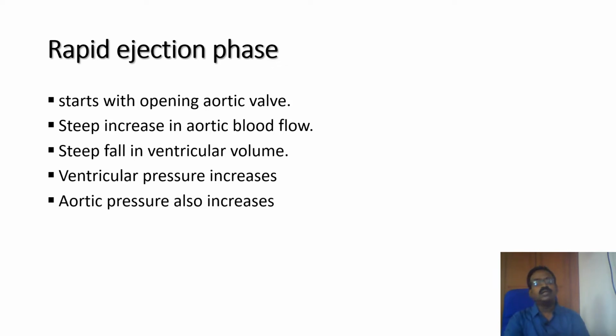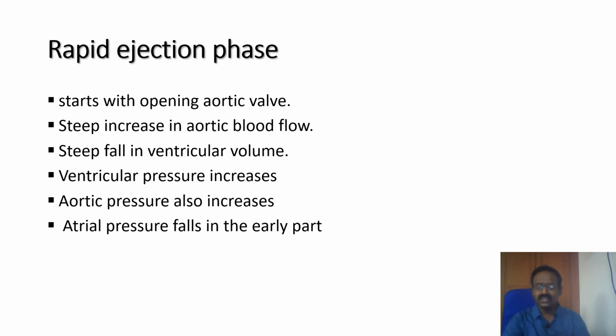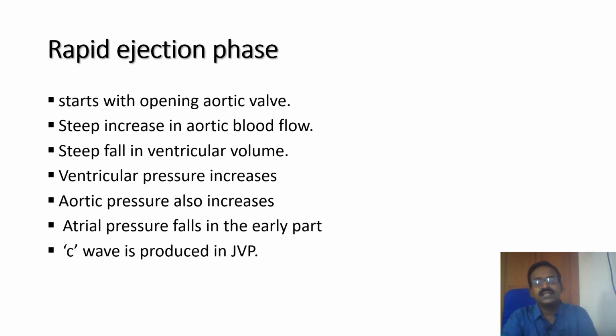Okay. So in the initial part, atrial pressure falls because during the ventricular contraction the base of the heart is pushed away. So atrial pressure falls initially, then gradually the atrial pressure increases due to the increased venous return, and the C wave is produced in the JVP.